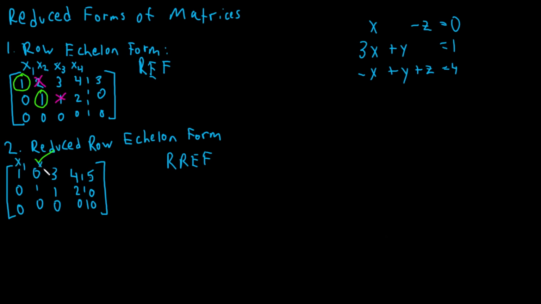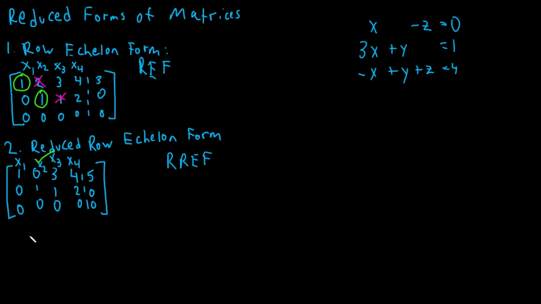So you should already be familiar with describing the solutions using row echelon form, and these two are the exact same matrices, just in different forms. So what I want you to do is pause the video and try describing the solutions in row echelon form, and come back and see that you'll get the same thing using reduced row echelon form.